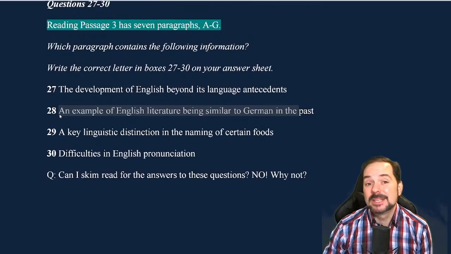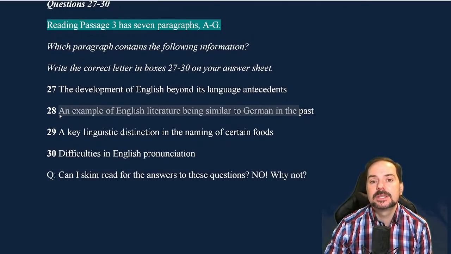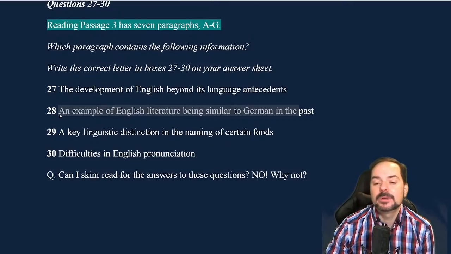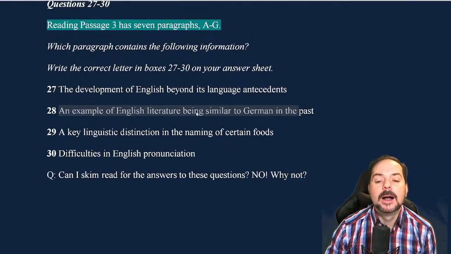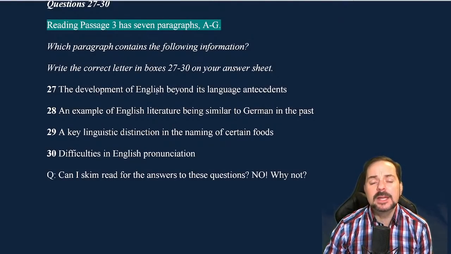And oftentimes that's actually what happens because the IELTS examiners don't want you to skim read, and don't want you to scan either, but scan. Okay, so that's one reason.